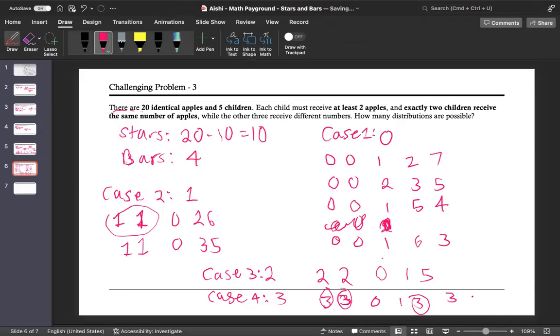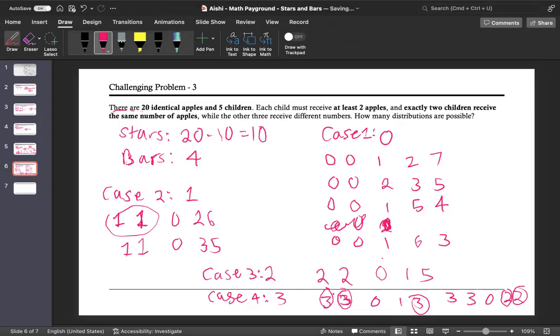We could have 3, 3, 0, 2, 2, but we have 2 twos. So that wouldn't work. So it looks like we only have 7 cases.